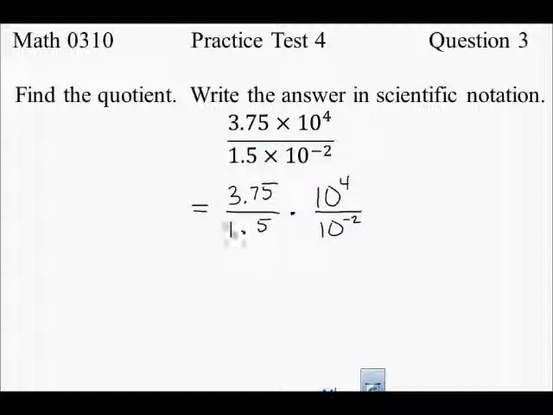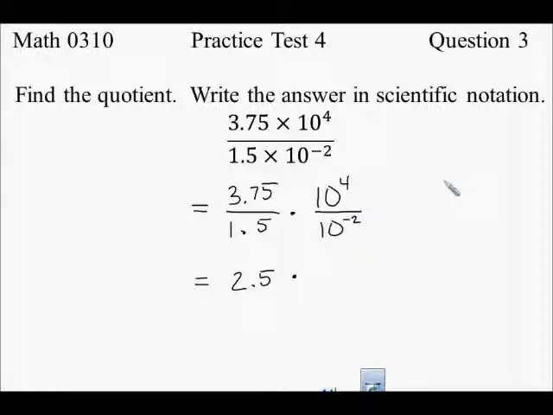Okay, so over here, if we take 3.75 and divide it by 1.5, then we're going to get 2.5 here. And then times, we want to look at this 10 to the 4th over 10 to the minus 2 power.